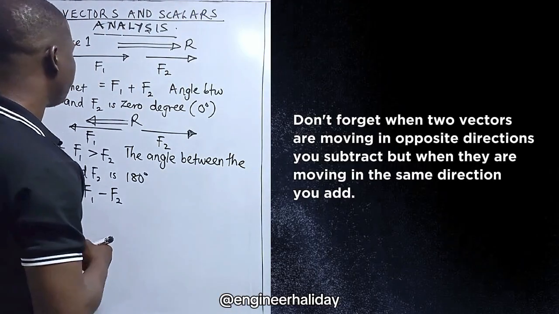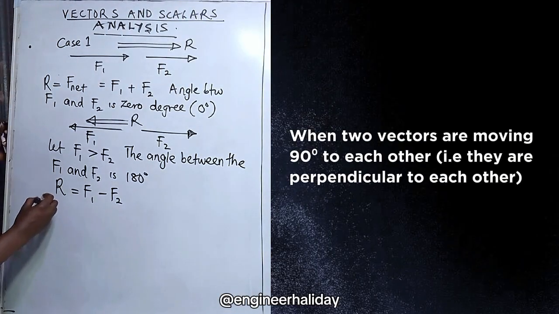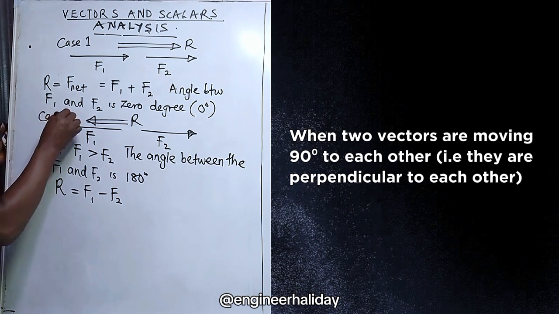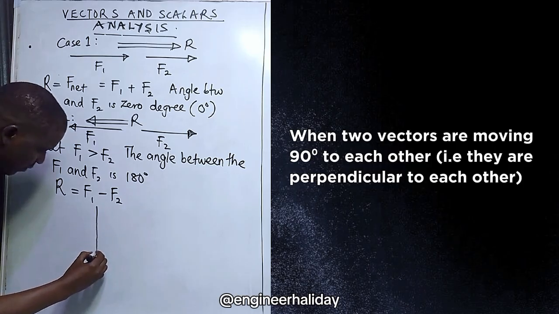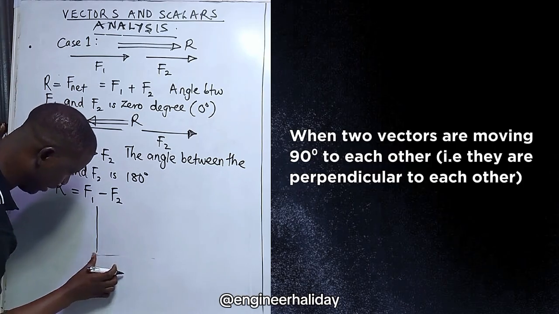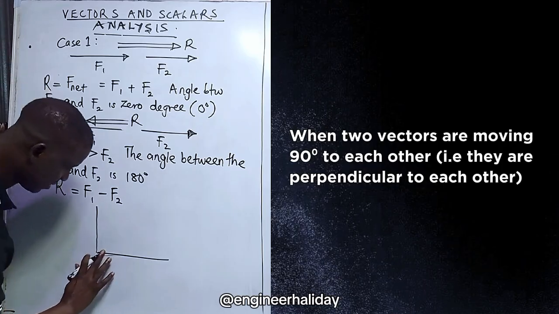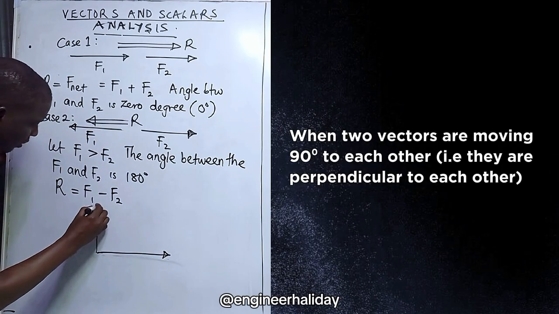Then another interesting part that we need to understand is case 3. Let's call the previous one case 2, and the one before it case 1. If they are moving at an angle of 90 degrees to each other, let's say one is moving to the east and the other to the north.